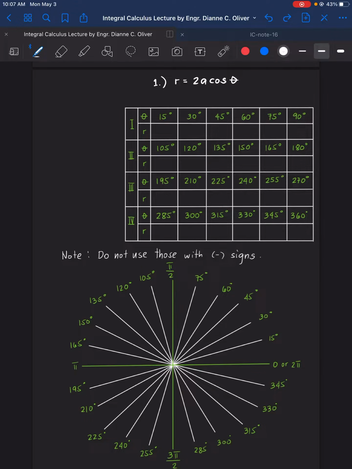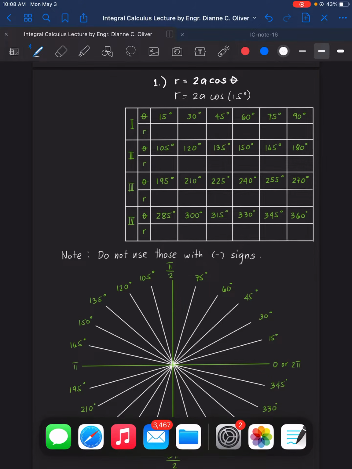So for us to fill in this table, we need to find the value of r given the value of theta is equal to 15 degrees. So basically, you will just have to input in your calculator r is equal to 2a cosine of 15 degrees.